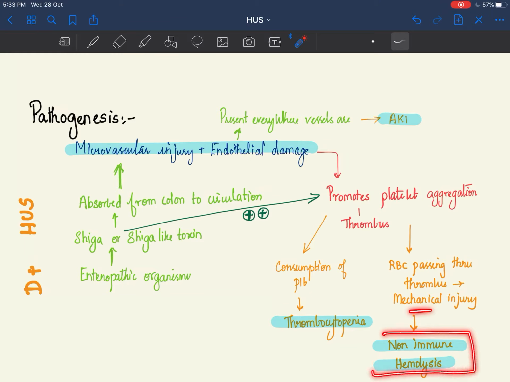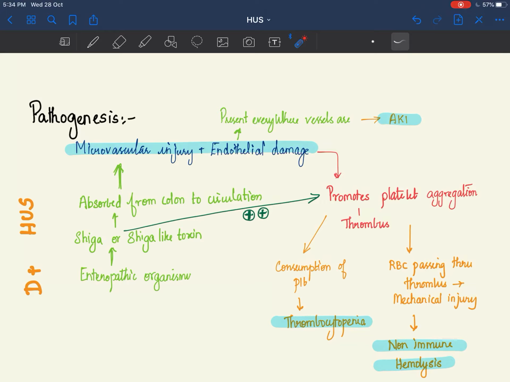It's a non-immune hemolysis. That is why generally a HUS secondary to D plus or an enterotoxigenic E. coli or a Shiga-like toxin is DCT negative. And for platelet aggregation, what do you need? Platelets. So platelets are consumed. So when you try to do a peripheral smear or a CBC for looking for platelet count, you will have a thrombocytopenia.